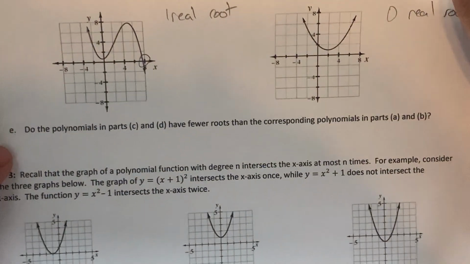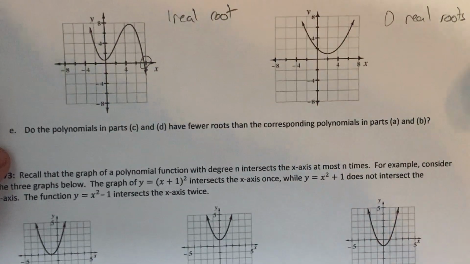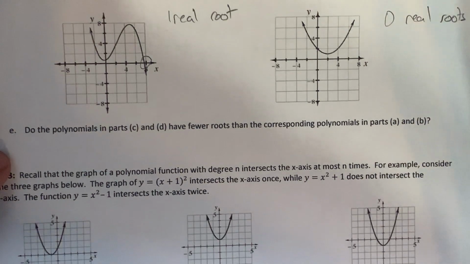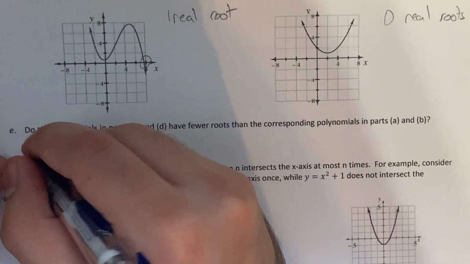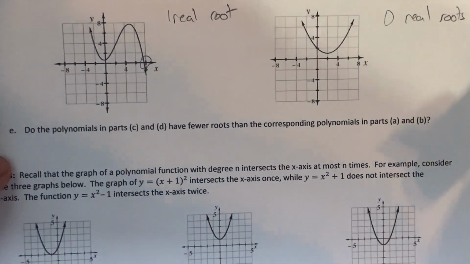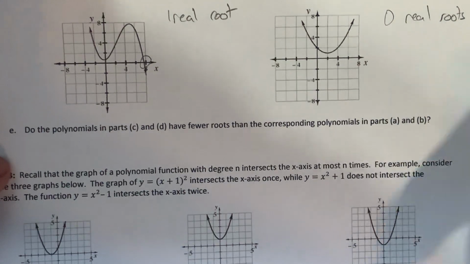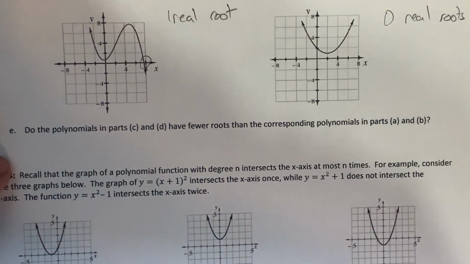All right, now let's solve for E. Do the polynomials in parts C and D have fewer roots than the corresponding polynomials in parts A and B? Not necessarily. They don't have to. They could, but they might also have complex roots that we can't see.